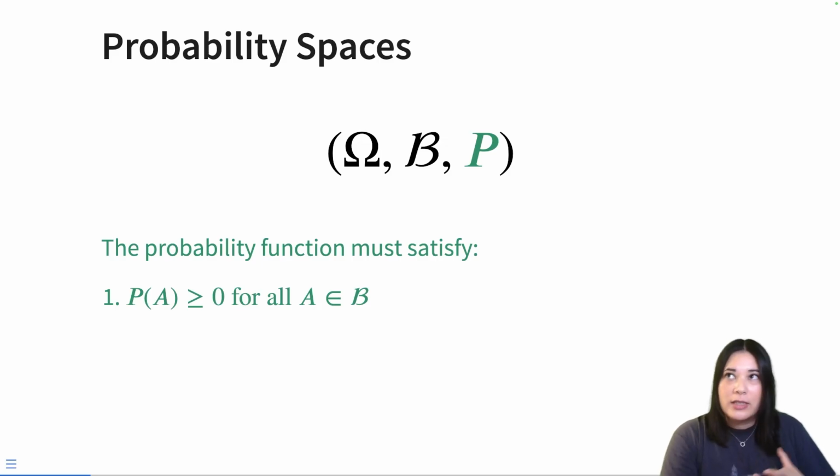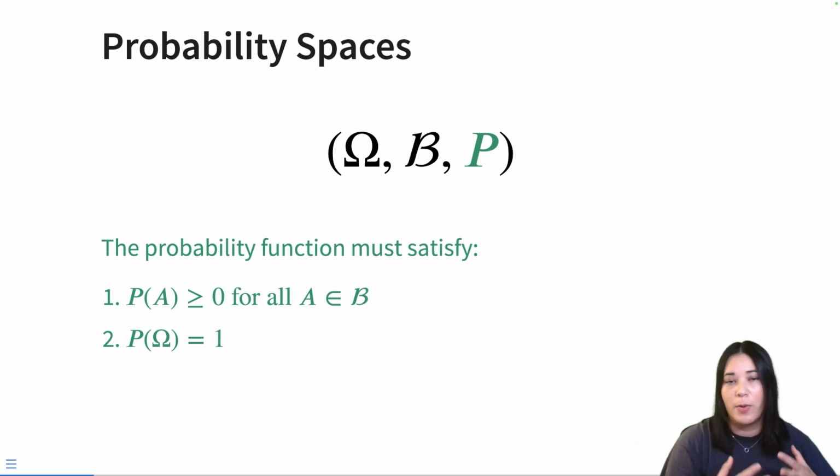It's not really sensical in most cases to define a negative probability, so we know that our probabilities have to be positive, or at least 0 or positive. The second rule is that the probability of all of the events together has to be 1. Put another way, the probability of any of the possible outcomes happening has to be 1.